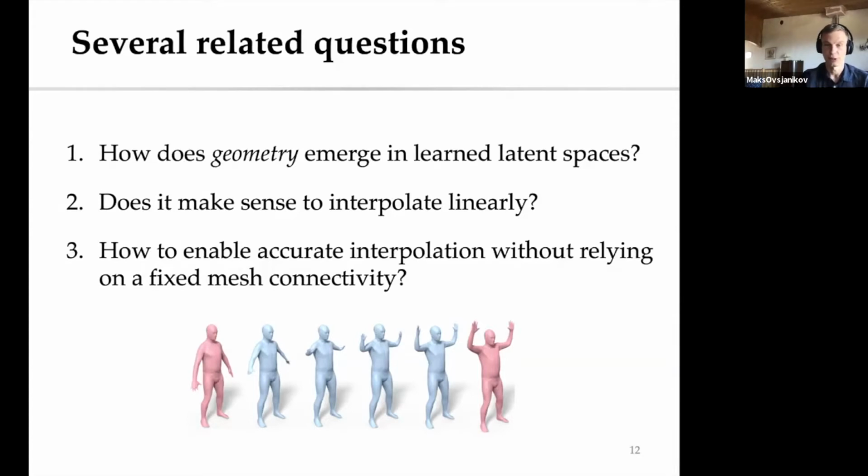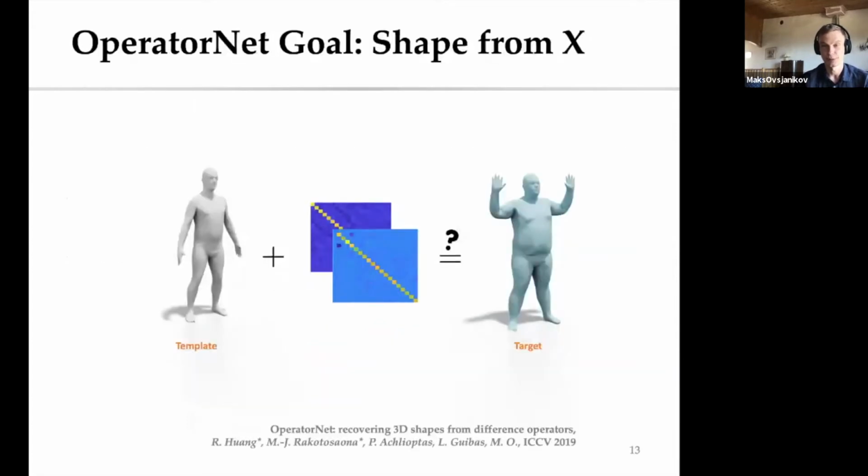So we tried to think of how to alleviate this kind of problem, and I wanted to present some of these ideas. The first idea that we had is a more complex idea, and I'll show another one which turns out to be much simpler and actually works really well. The first idea is what we call OperatorNet.